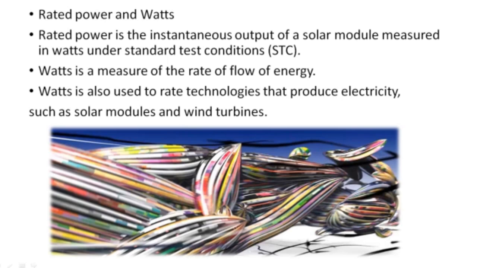Watts is also used to rate technologies that produce electricity, such as solar modules and wind turbines. You might, for instance, install a 3000-watt solar system on your home. 3000 watts is what is called the rated power, the rated output.